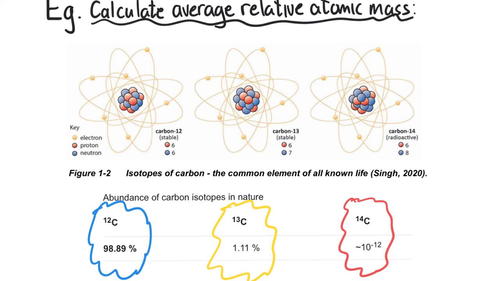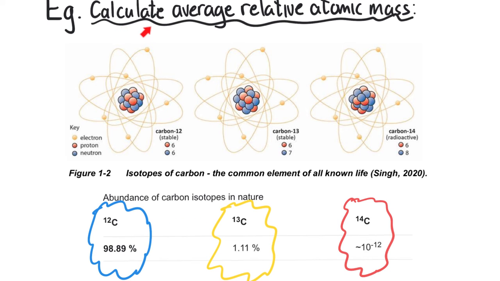So we can see that most of the carbon in a sample from nature would be carbon-12. And only a tiny percentage would be carbon-14. So we can see this is minuscule in comparison to these two isotopes of carbon.